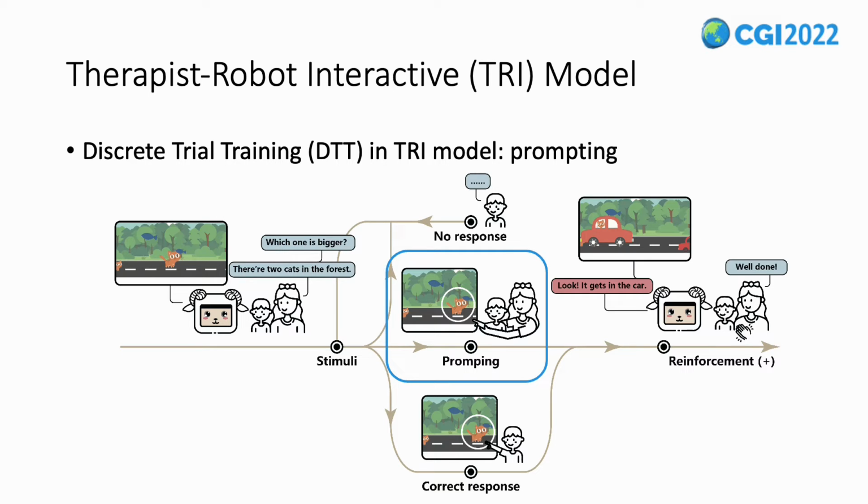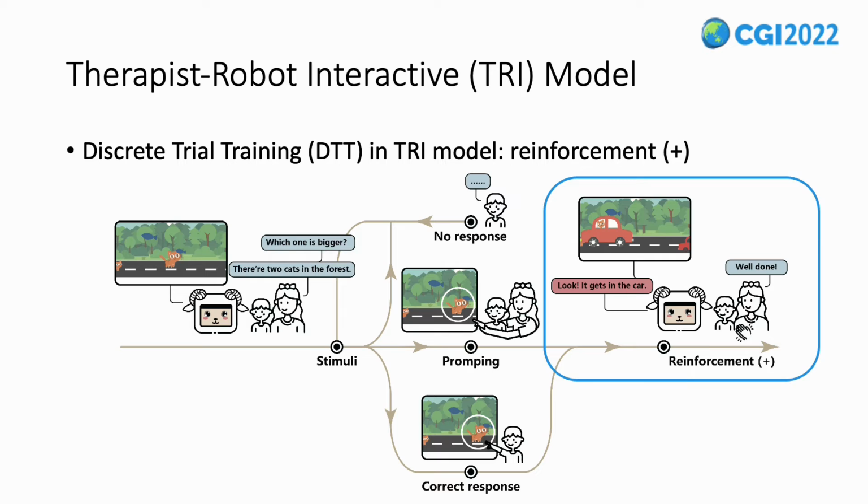Also, the robot can provide vivid multimedia expression to assist the therapist in completing the necessary prompt combination. For example, the robot can show highlights on the interactive elements or tell the child some hints. Therefore, the robot can help the therapist when it is needed and share responsibility with the therapist.